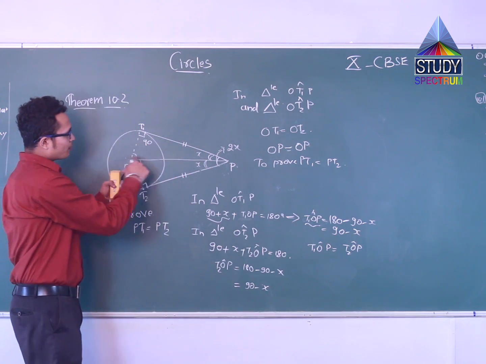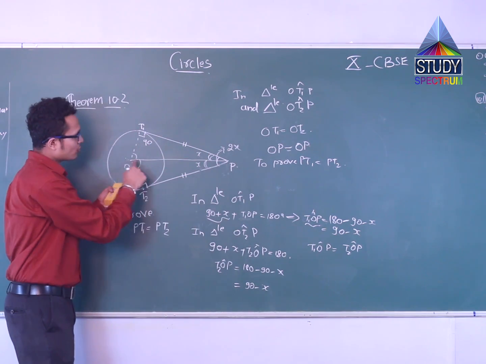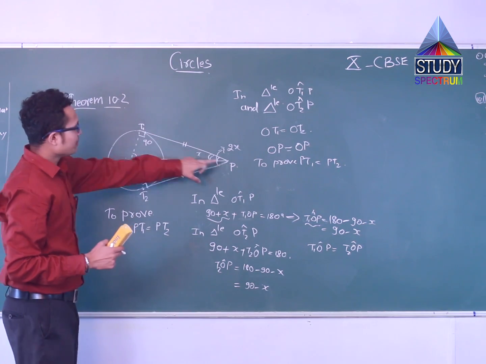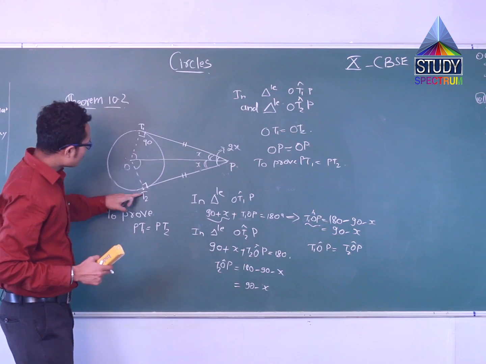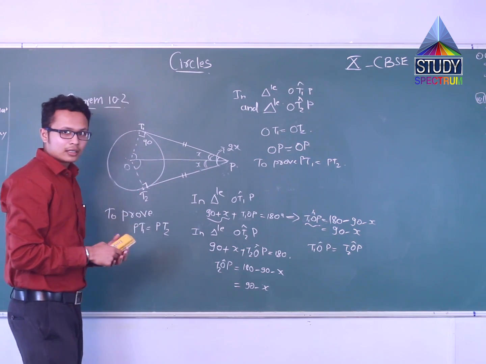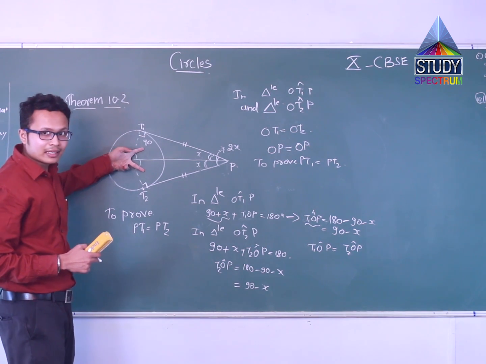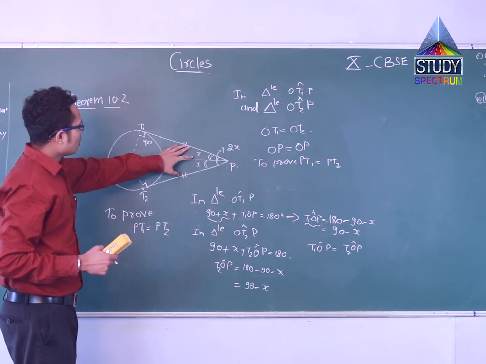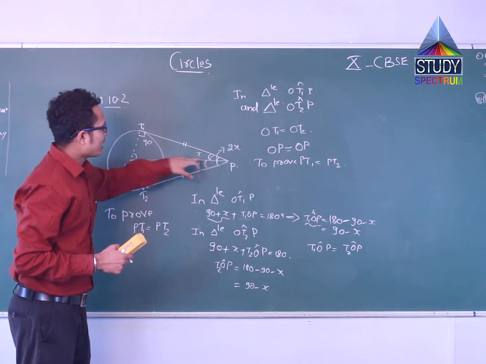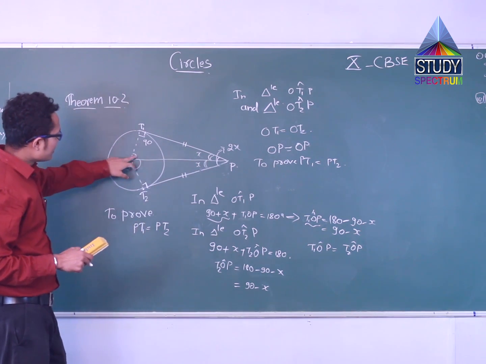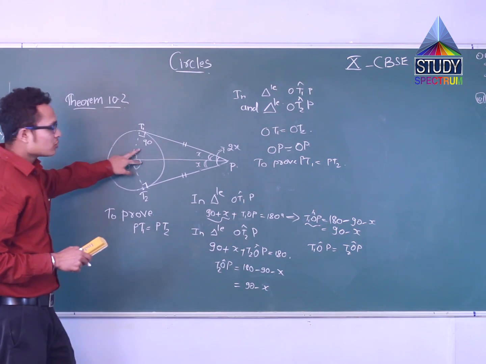Now T1OP is equal to T2OP. Firstly, I had OT1P at right angles and then OT2P at right angles. That is, corresponding angles of these two triangles are equal and they are 90 degrees. Also, corresponding angles at the bisected part are also equal. I proved that the remaining angle is also equal.